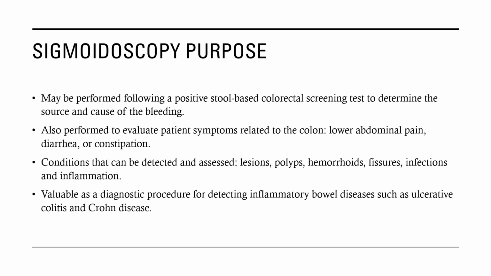It is valuable as a diagnostic procedure for detecting inflammatory bowel diseases as well, and these are going to include ulcerative colitis and Crohn's disease. So these are some chronic inflammatory bowel diseases that don't have a cure and are lifelong, but they can be managed with medication.